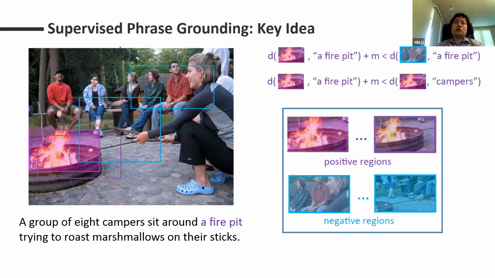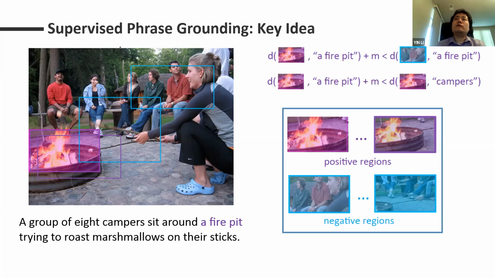Now the key intuition is that we can have a positive image region and text phrase pair, and we can have a negative pair. Now the idea is that the distance between the corresponding image region and the text description should be smaller than the distance between an arbitrary image region and the text phrase.